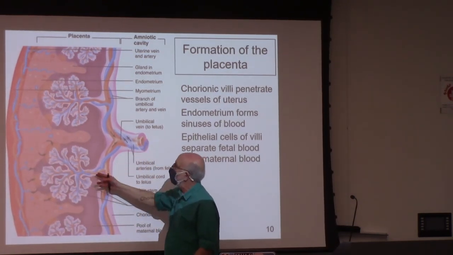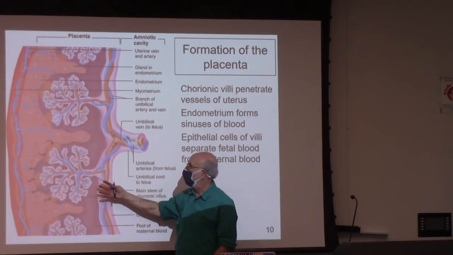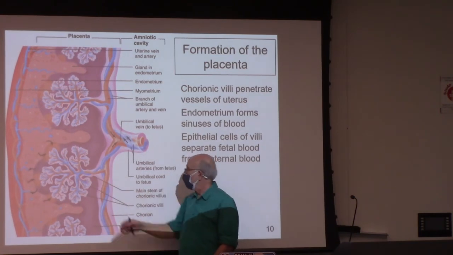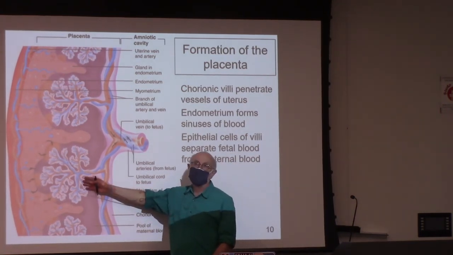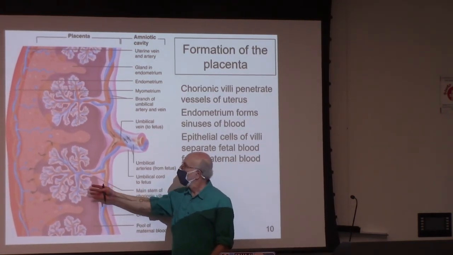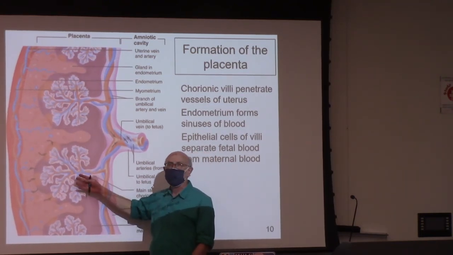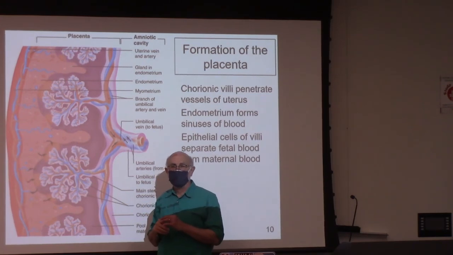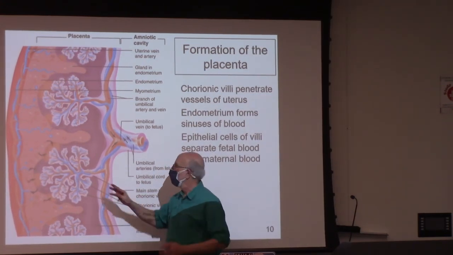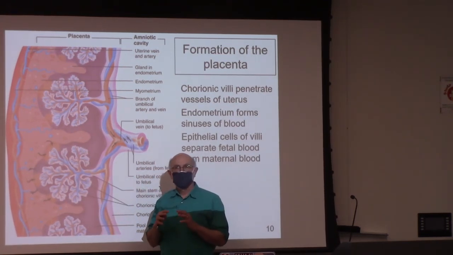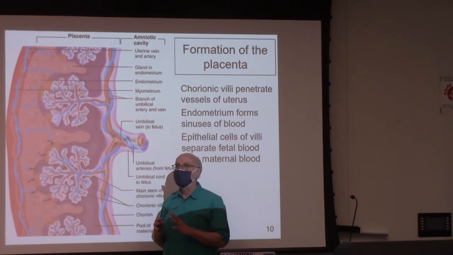The fetal circulation develops these complicated structures called chorionic villi. Those of you who've taken the other A&P will realize that's a little bit like the complicated circulation in the lung, where the circulation surrounds pulmonary alveoli to do gas exchange.